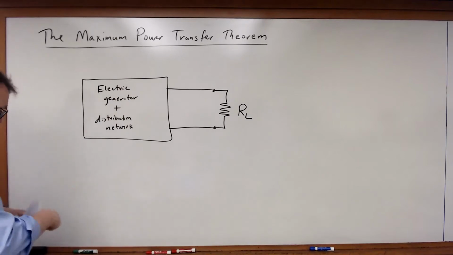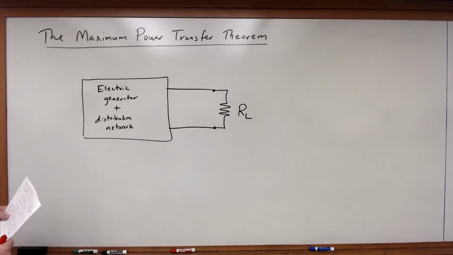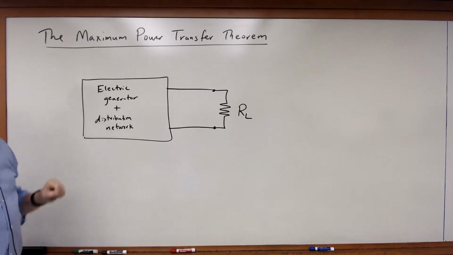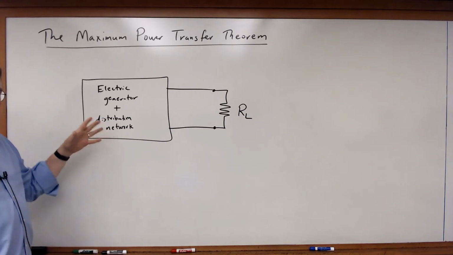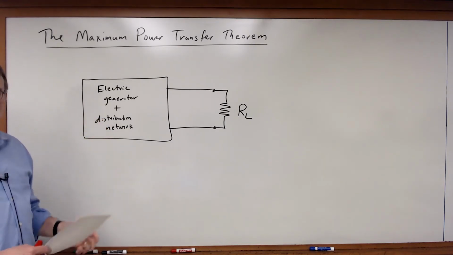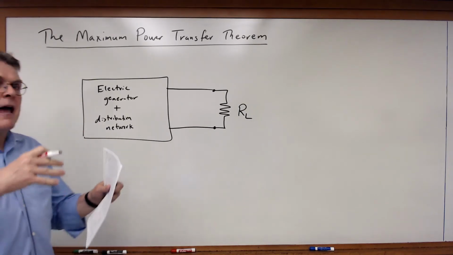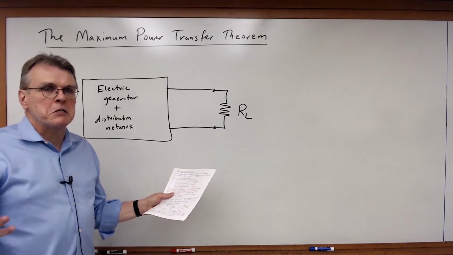Okay, so the distribution network we're talking about here is going to have an intrinsic resistance. I mean, unless you make it out of superconductor, which we can't really do, not for practical room temperature applications, but the distribution network will have some intrinsic resistance.